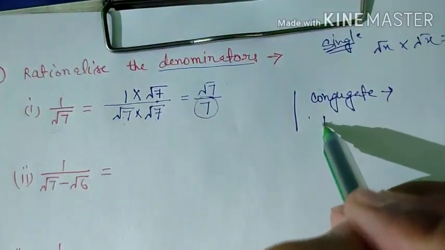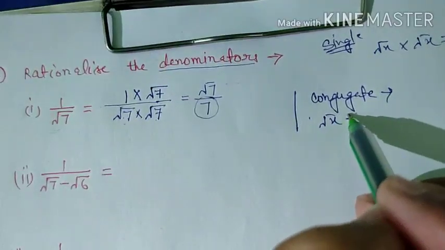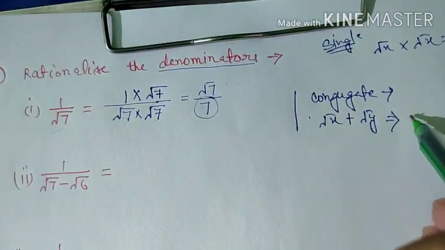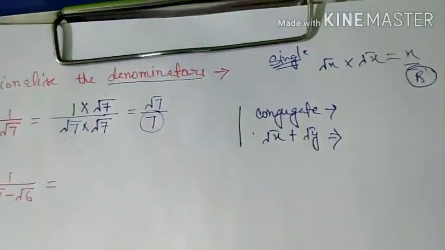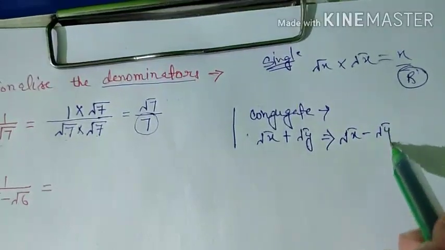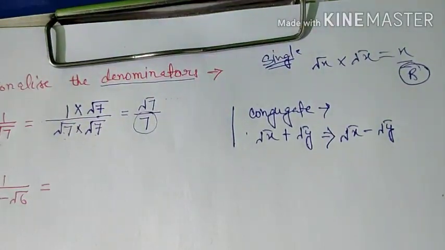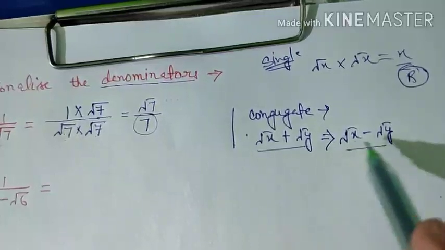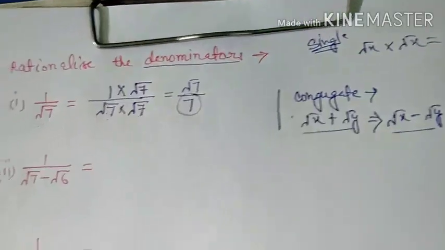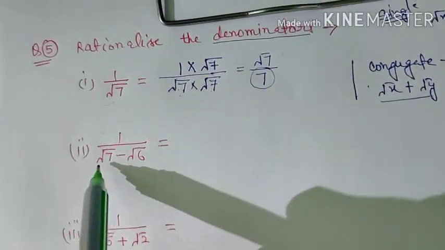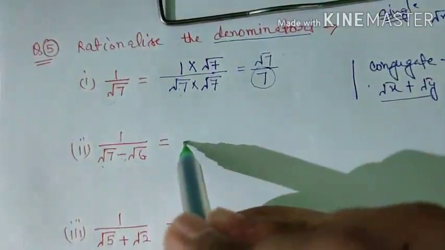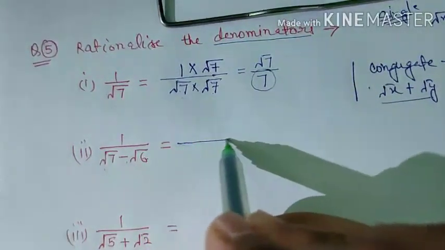The conjugate of root x plus root y is root x minus root y. They are conjugates of each other. Similarly here you have to multiply by root 7 plus root 6 in numerator and denominator, meaning its conjugate.